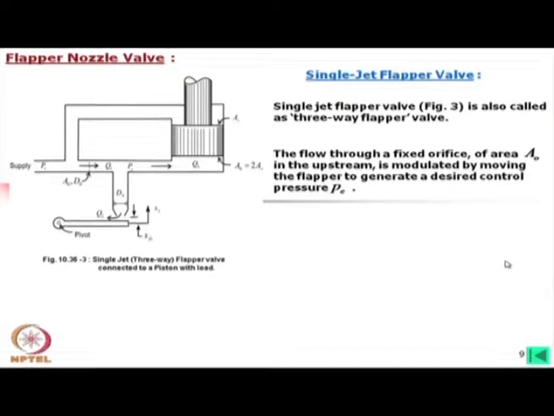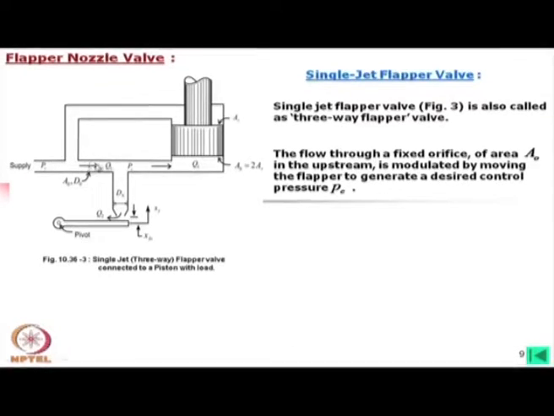Now, the flow through a fixed orifice of area A0 in the upstream is modulated by moving the flapper to generate a desired control pressure Pc. Here we find that a fixed orifice A0 is provided, and flow is going through this.